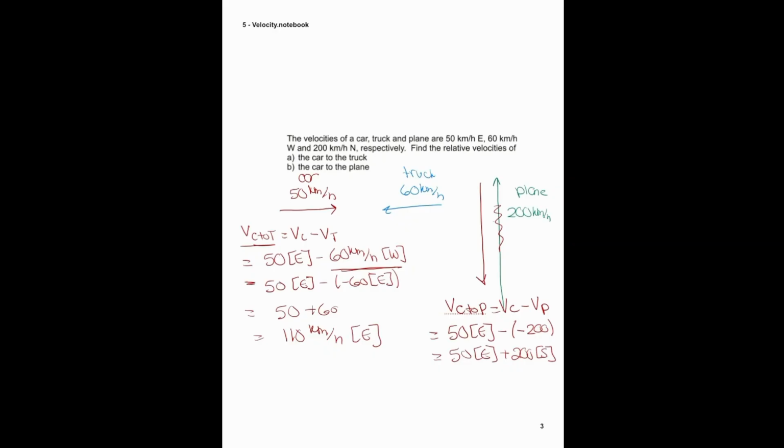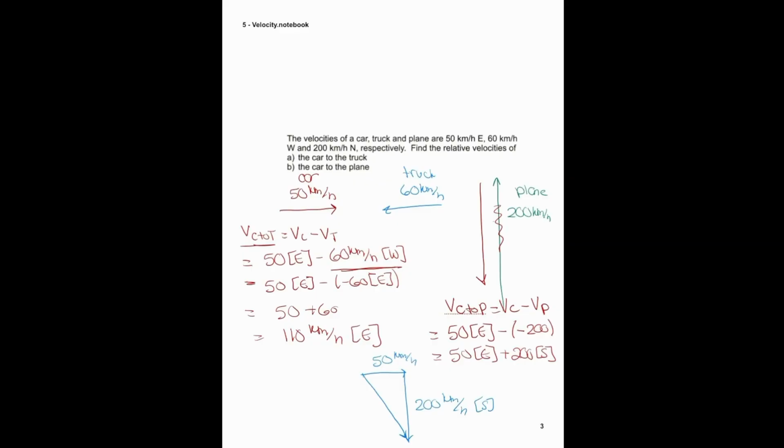Now, this just becomes a right-angled triangle problem. I can't just add them because they're in different directions, one is going east and one is going south, but I can redraw this and make it just a triangle problem. So we have a magnitude of 50 kilometers an hour east. We have another vector here with a magnitude of 200 kilometers per hour south. And I want to find the resultant vector.